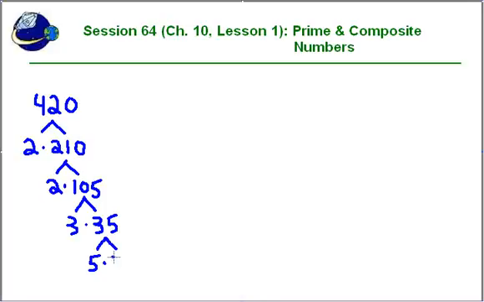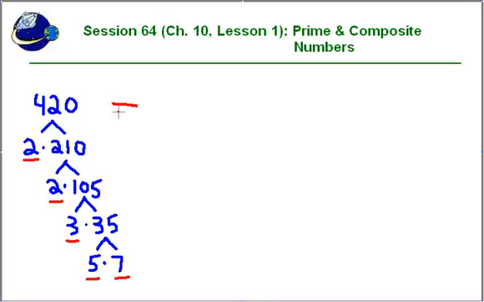5 times 7 is 35. Is 5 prime? Yes, it is. So there's no other way for us to break it down any smaller. Is 7 a prime? Yes, it is. Its only two factors are itself, the number 7, and 1. So there's no way to break it down anymore. 3's prime, 2's prime, 2's prime here. So we can see now that the number 420 broken down into prime numbers is going to be 2, 2, 3, 5, and 7, all multiplied together.